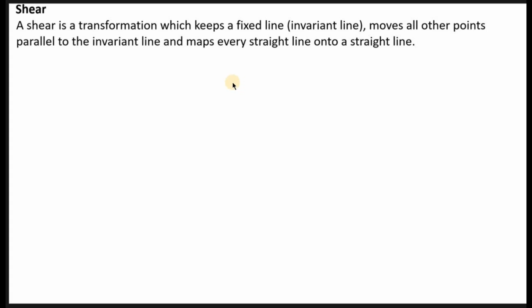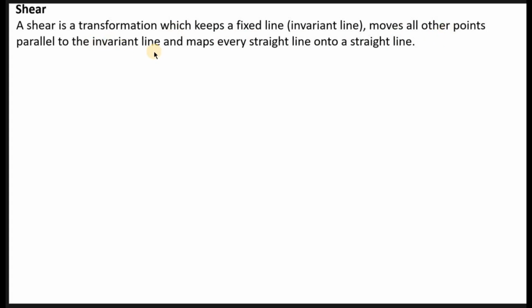In a shear transformation there will be an invariant line that we have already looked at in the other transformations, and the other points that are not on the invariant line are moved. A shear transformation keeps a fixed line and moves all other points parallel to the invariant line.